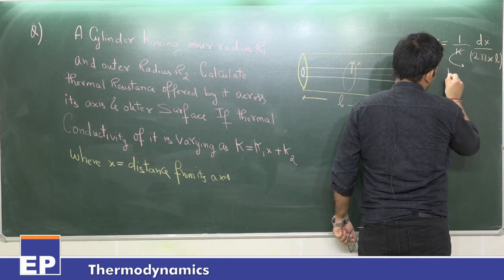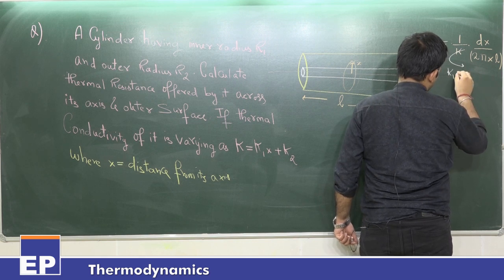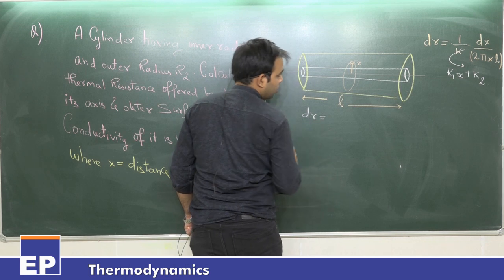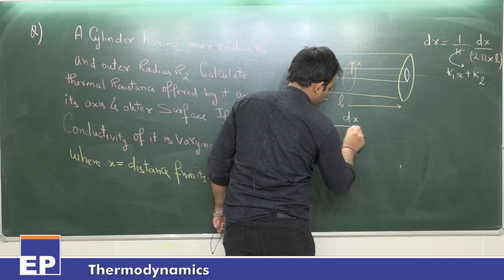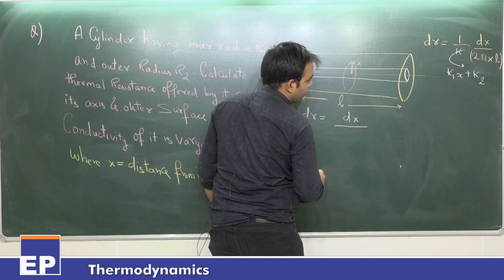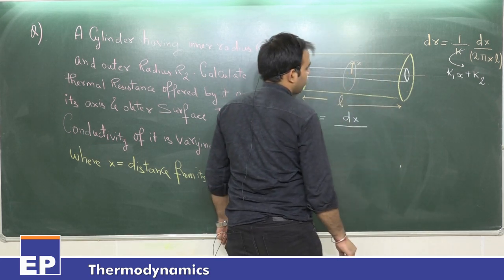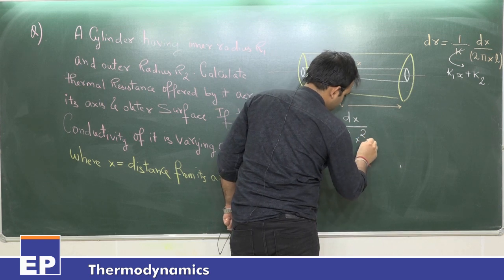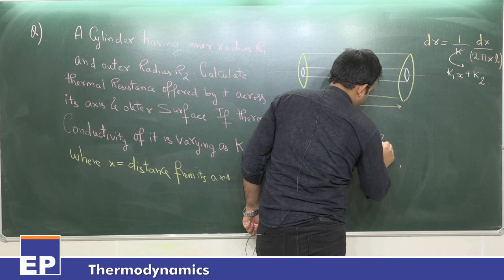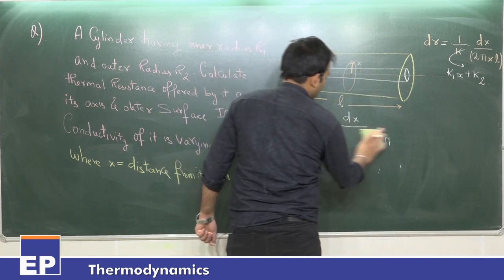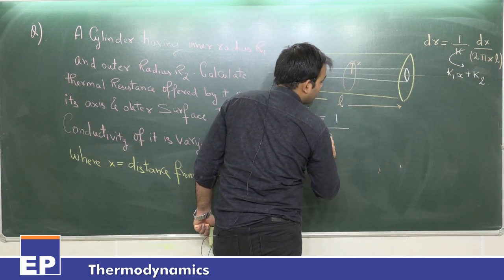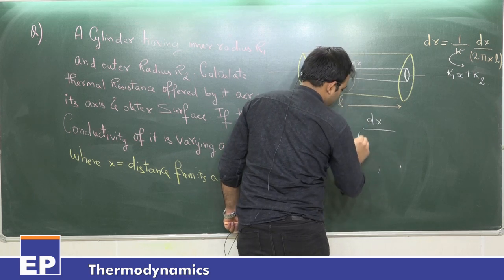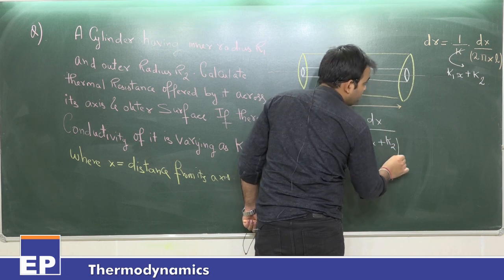Now what is K? It is K1x plus K2. तो अगर मैं इसको सॉल्व करूं तो what is dR? That is dx upon 2 pi into k1x plus k2 into x. 2 pi तो कॉमन है, कांस्टेंट है, इसको बाहर रखो.